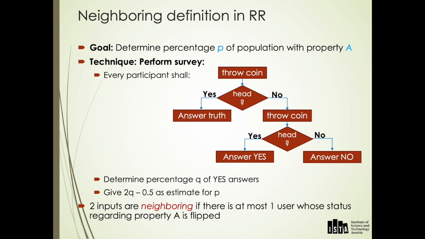Okay, so then you say two inputs are neighboring if they differ in the bit of at most one user. Okay, so think of the initial inputs here as being a string D. Then two inputs, D and D prime, are neighboring if one bit is different, is flipped. Okay, that's the neighboring definition that you would use here.